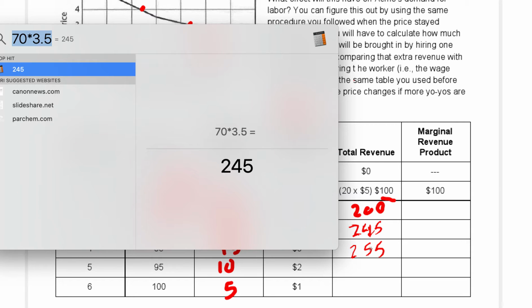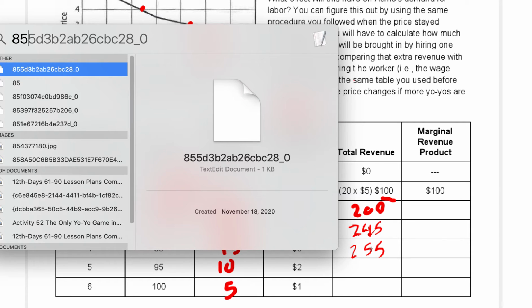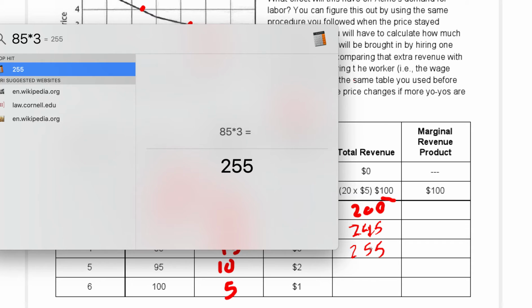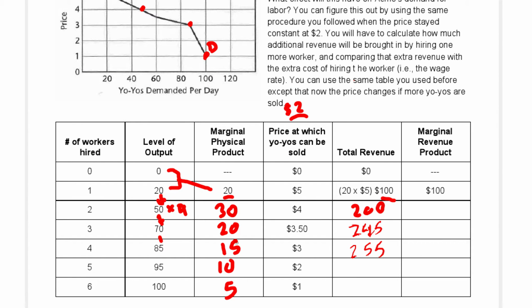Hold on. 85 times 3 is 255. All right, I was right. 95 times 2 is only 190. And 100 times 1 is $100.